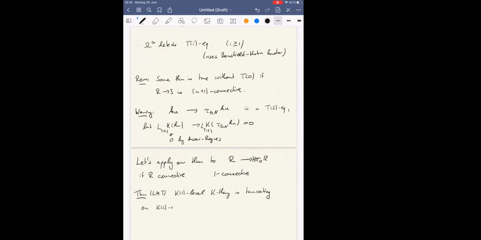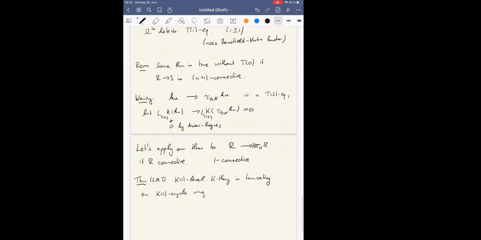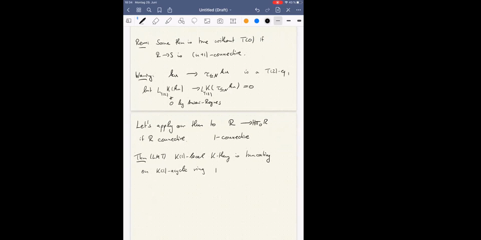And K1 is acyclic on ring spectra, i.e., if the K1 localization of K of R is 0, then the K1 localization of K theory of R is the same as of its pi 0.